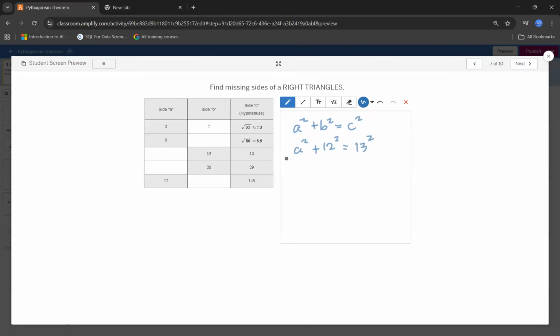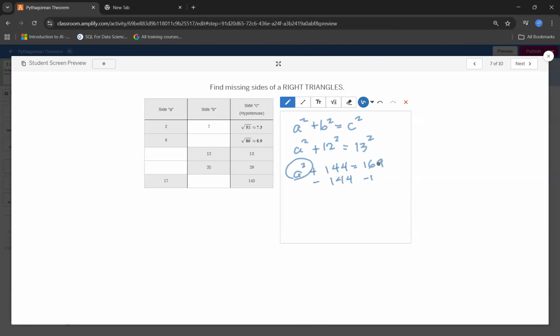Then we know that a squared is still missing, and 12 squared, that's 12 times 12, it's 144. Equals to 13 squared, that's 13 times 13, is 169. Since we need to leave the a squared alone, we need to remove the 144 on this side.